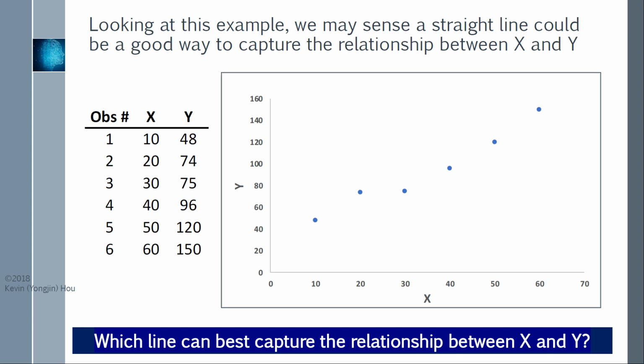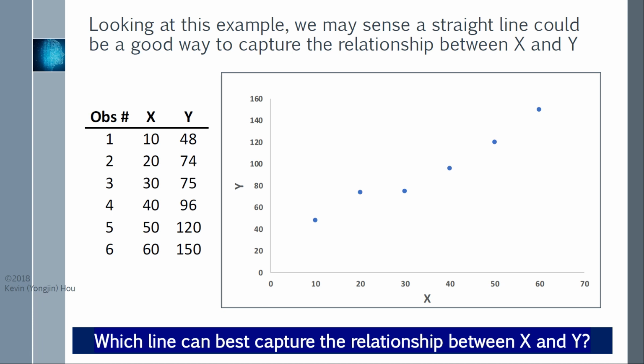Now let's look at a very simple linear regression example. Here we have 6 observations, and we have an x variable and a y variable. If we plot the 6 pairs of x and y on the chart, visually it looks like a straight line can do the job.